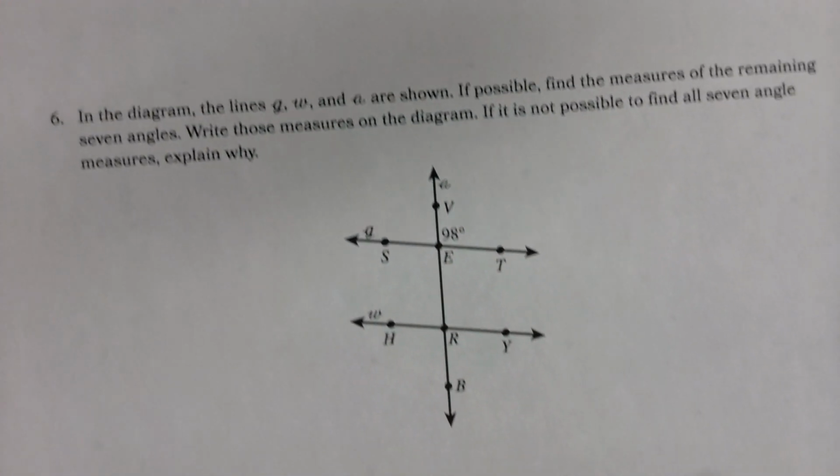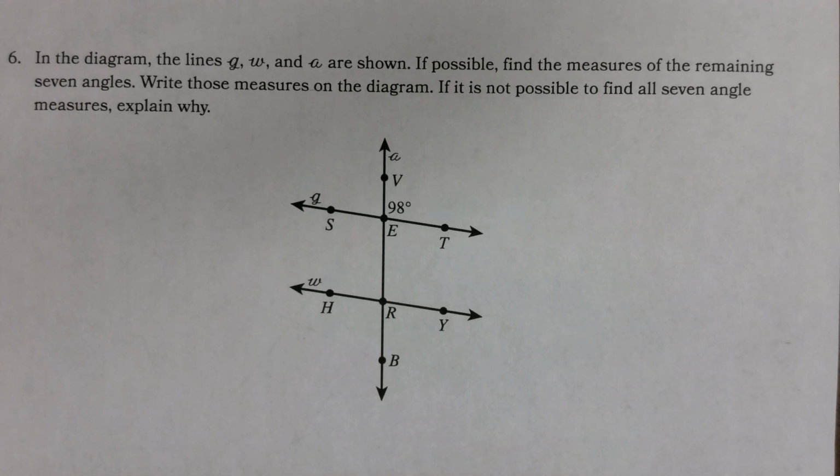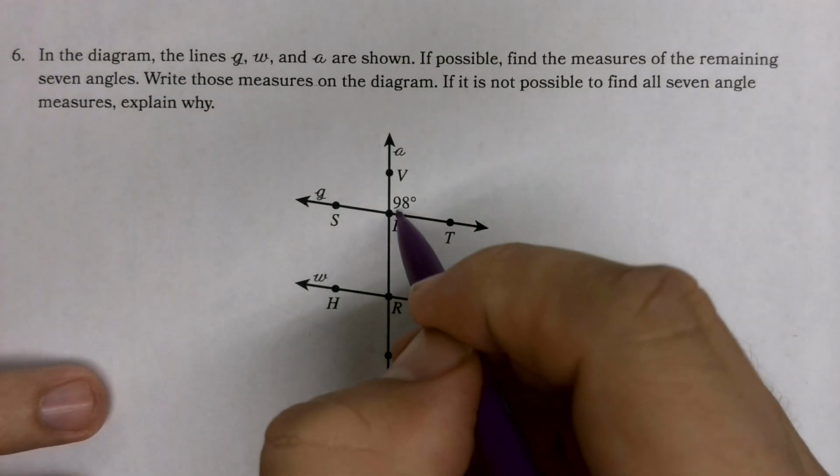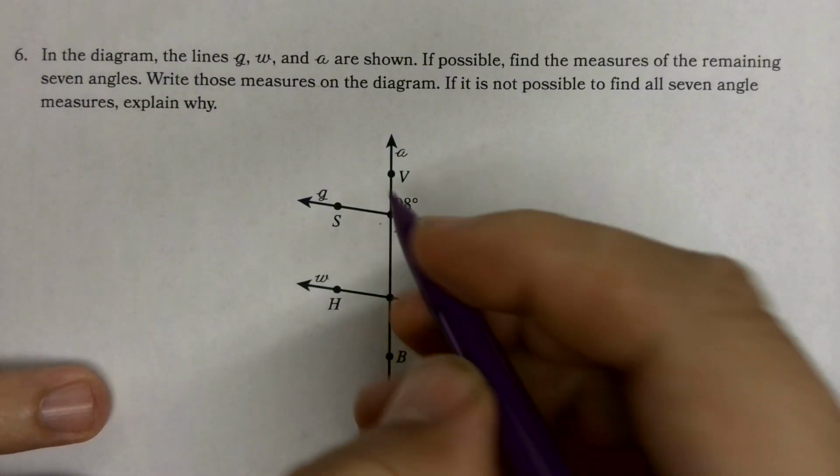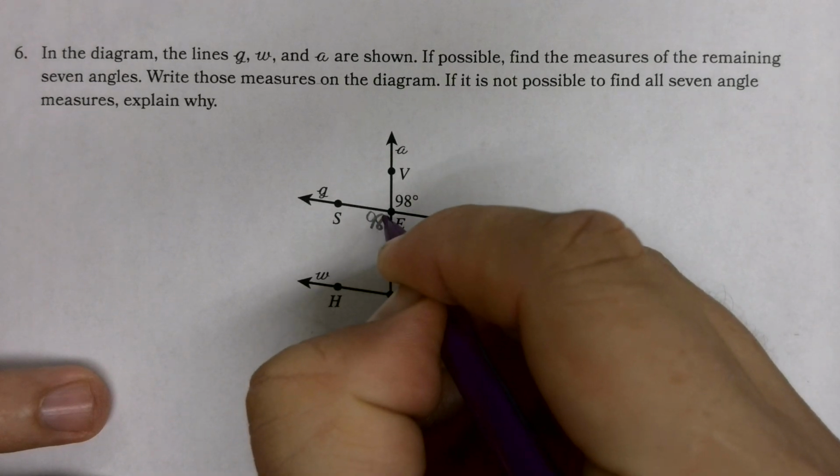Now, what's different here with number 6 is the fact that it doesn't say whether these lines are parallel or not. It does not say if these are parallel. So what we can do is, I do know that I have a vertical angle right here, which is 98 degrees.